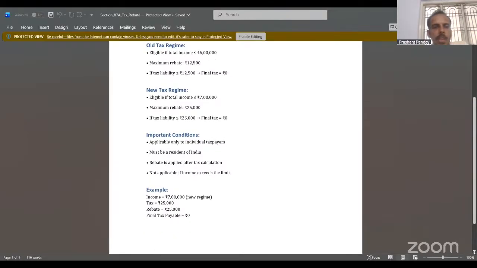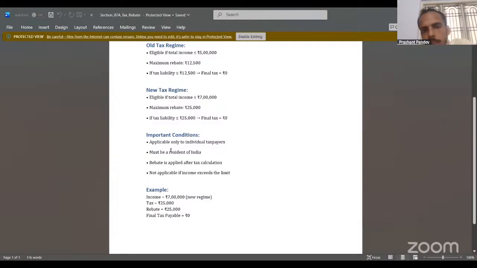Now, who is eligible for it? We should know who is eligible. Can everyone avail these tax rebates? Is each individual eligible for these tax rebates? That's the question that arises. In a simple answer, I will tell you everyone is not eligible for these tax rebates.